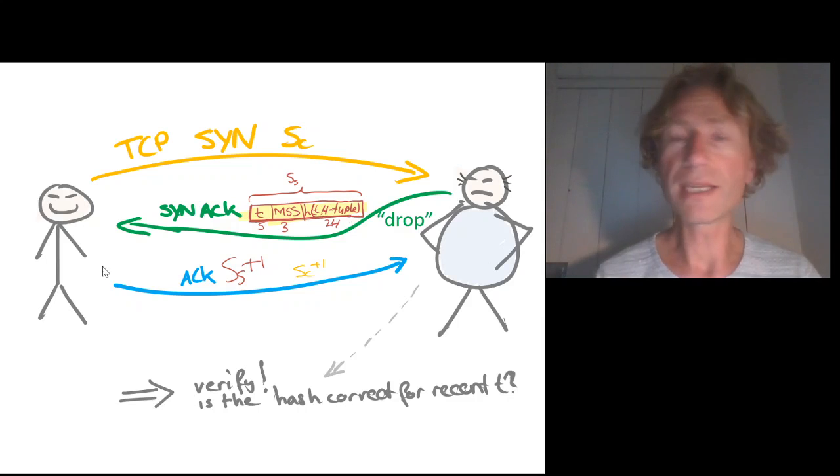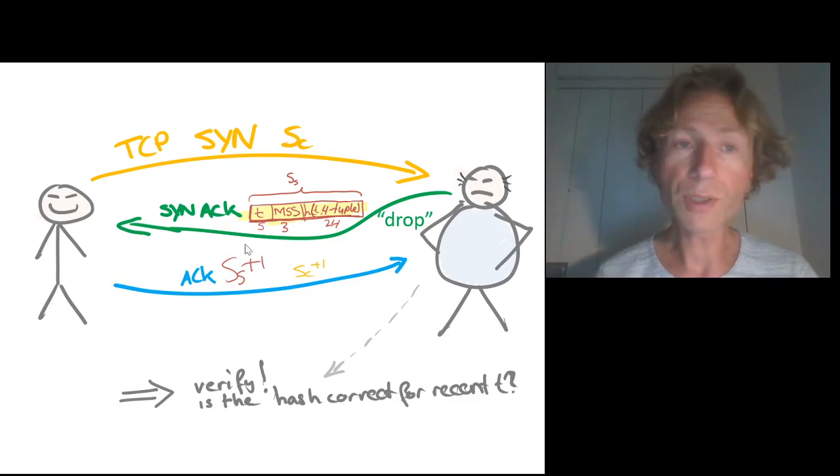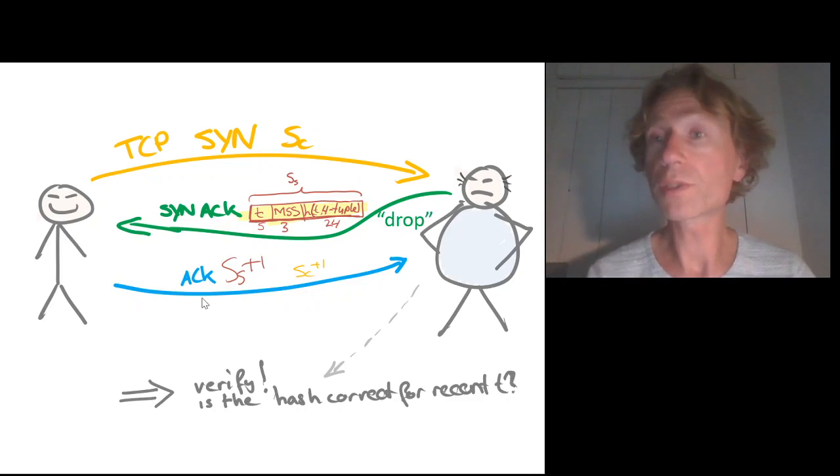And then when the client was legit and really wanted to set up a proper, full connection, it will have to send back an acknowledgement to the SYN-ACK, and the acknowledgement contains the client sequence number, but also the server's sequence number +1.